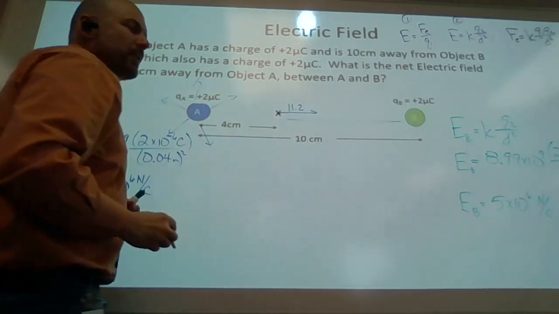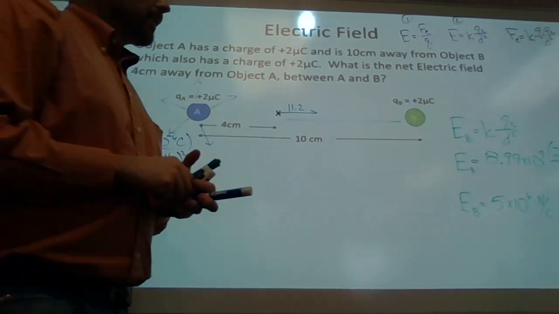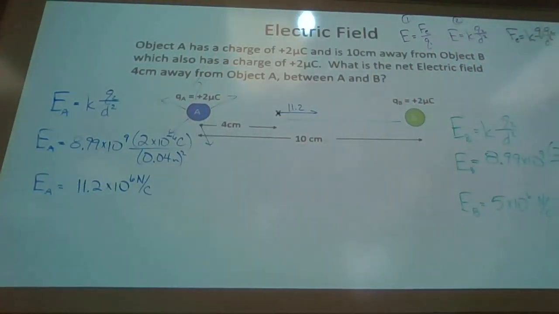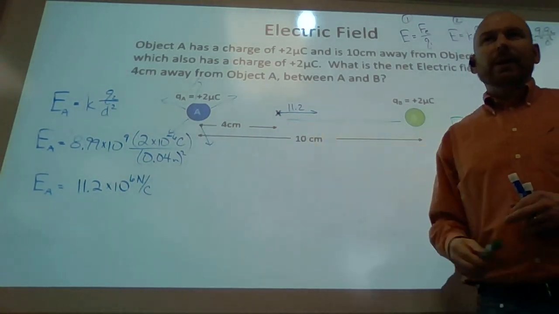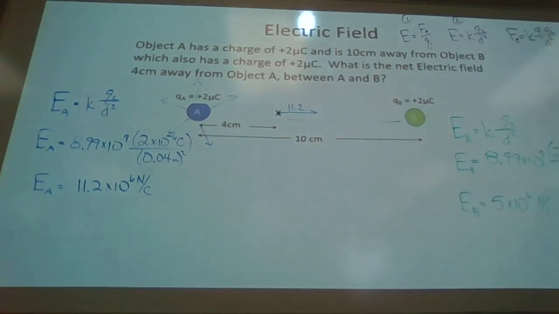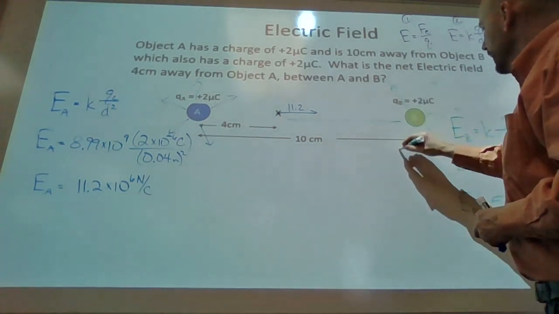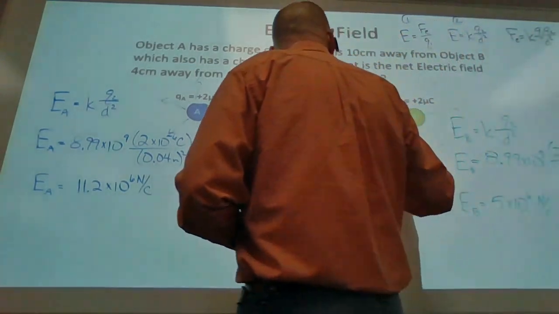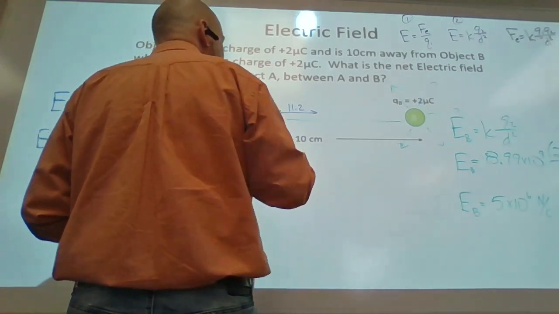So you have 11.2 times 10 to the 6th. Tell your neighbor which way the electric field from object B is pointing at point X. It also is positive, so outward directed field. So at point X, it's going to the left at 5.